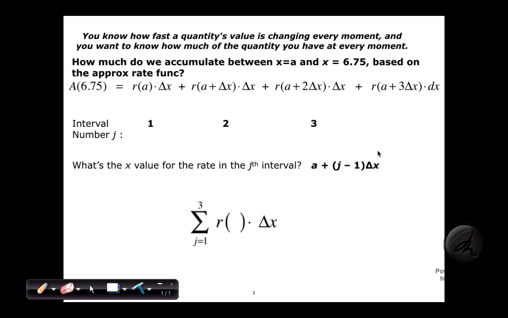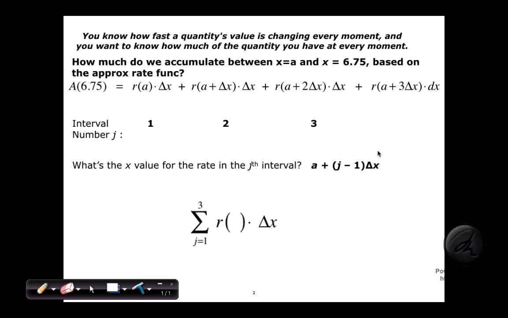Notice this is not specific to a particular rate function, a particular delta x, a particular A starting value. This works for anything. So we don't have to do this whole setup multiple times. If you can think your way through it once, then you've got it. It's going to be the same whenever we think about this sum to represent accumulation. So that's handy because it's kind of a mess.